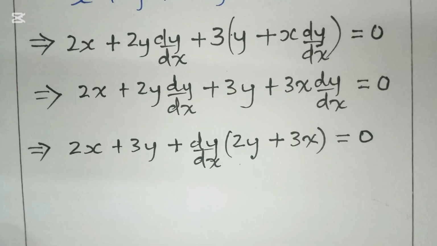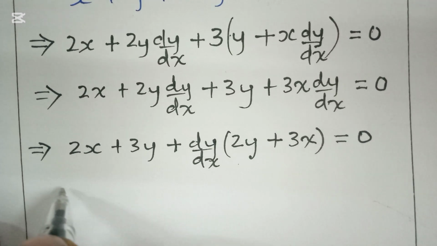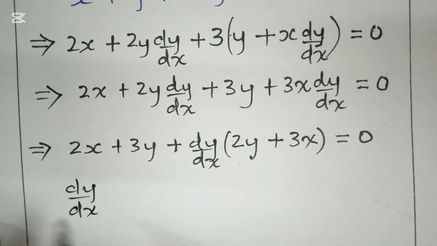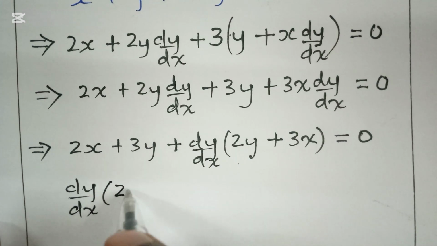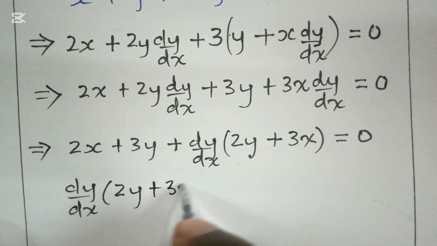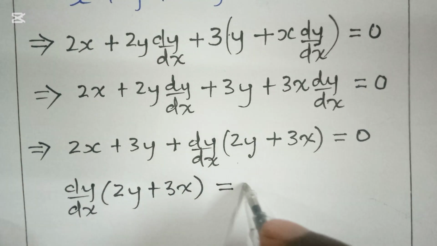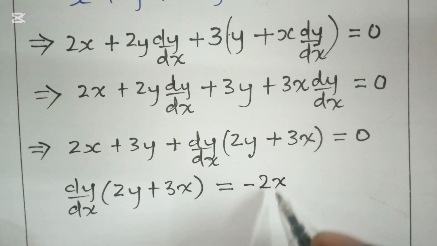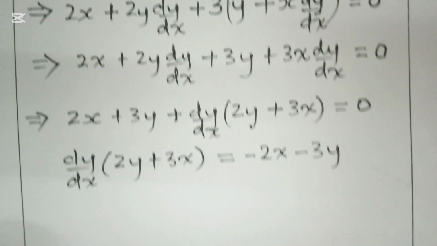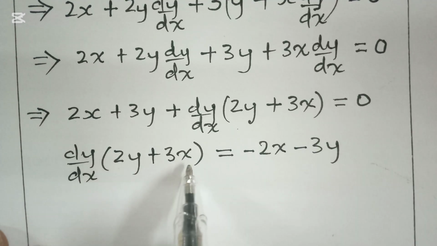Guys, I can take the 2x and 3y to the other side, so that I will be left with dy/dx times (2y plus 3x). This is now going to be equal to minus 2x minus 3y. And then guys, I can now divide by (2y plus 3x) on both sides.